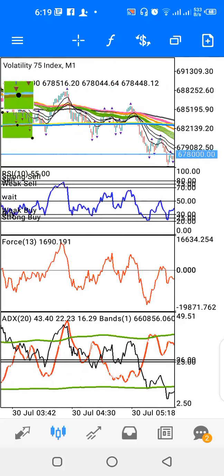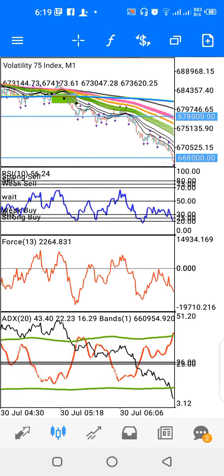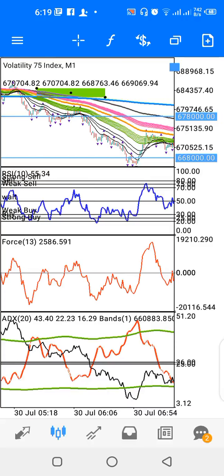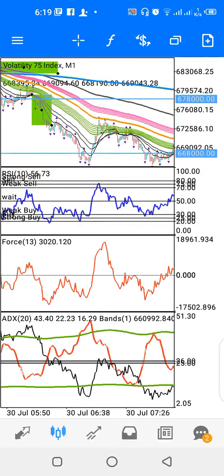This is the trend, that particular point where I placed the green shape. That's your trend moving average, and you can see all other moving averages going below it somewhere around here. So you can start to scalp sell somewhere around here, and then you can see what happened.